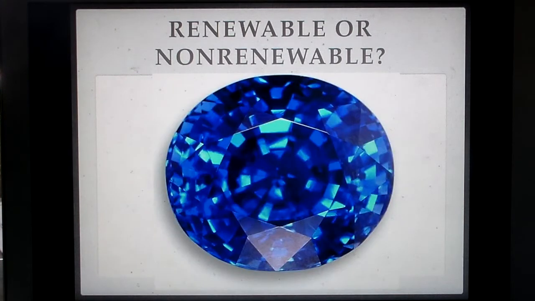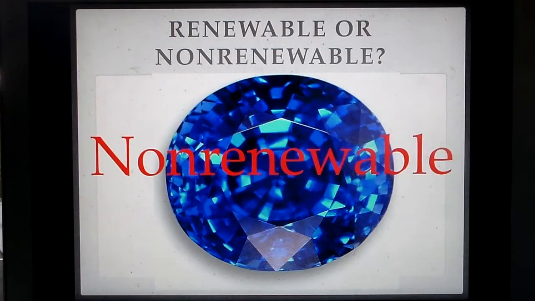Next one, ooh, what a pretty sapphire we have here. So gemstones, you could think of sapphires, rubies, emeralds, diamonds. Are those renewable or non-renewable resources? So gemstones, like this sapphire, are non-renewable.